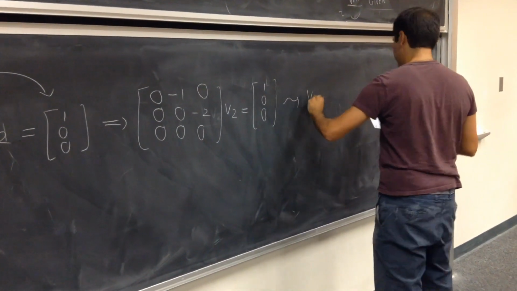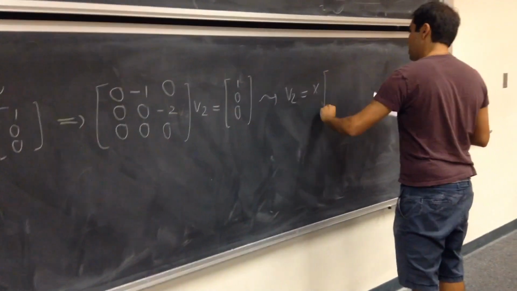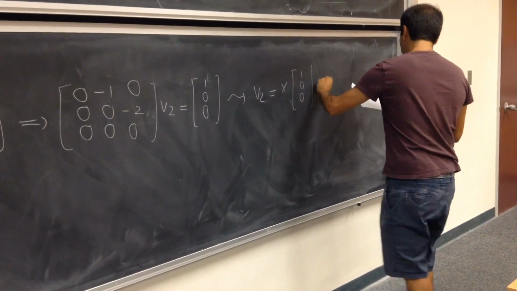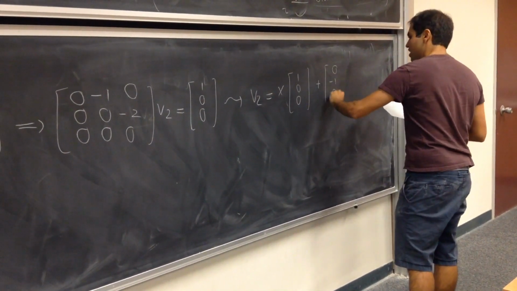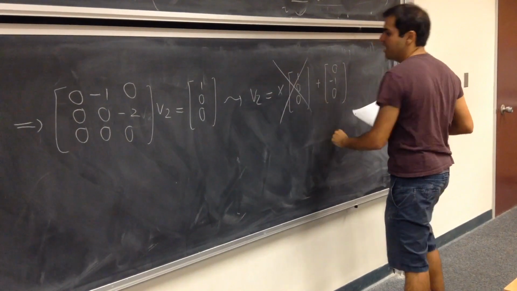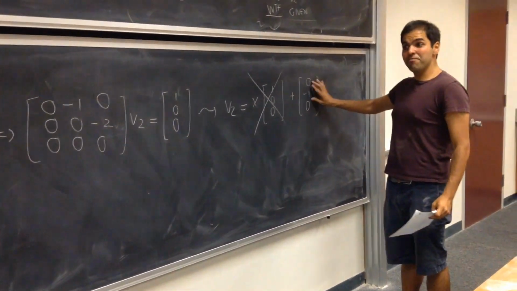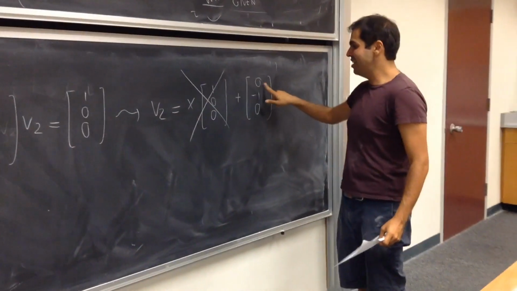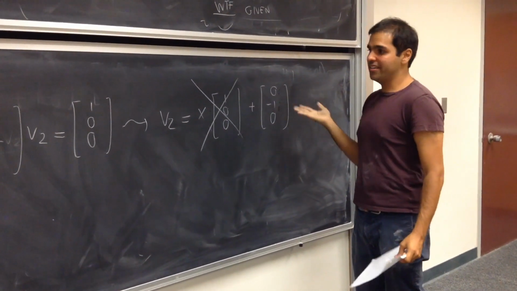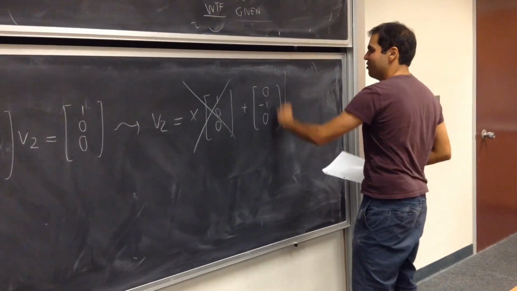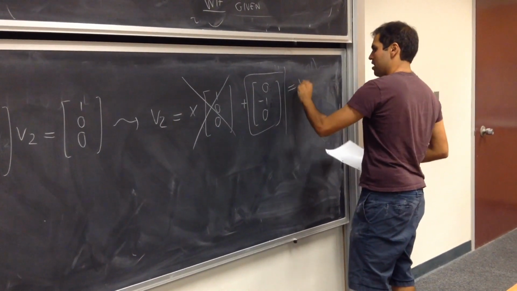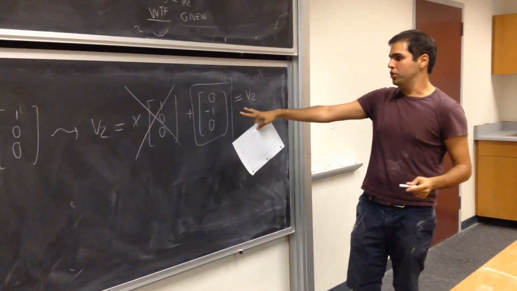You solve that stuff, and you get x times 1, 0, 0 plus 0 minus 1, 0. Again, forget that because we want a particular solution. And very important, do not scale this. Do not write 0, 1, 0 because it'll just ruin your thing. It'll ruin your night. So this is our v2.